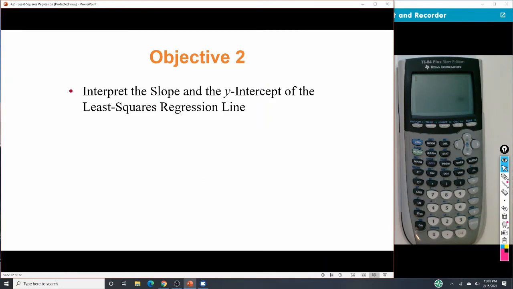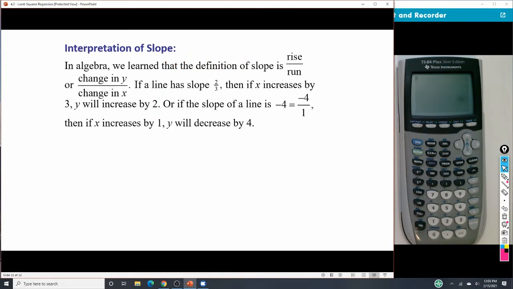Now, looking at the slope, all of those things. In slope, we know that if we go back to algebra, slope is the rise over run, or change in y over change in x. So if we have a negative slope, or negative a value, that means it's decreasing as we go, going downhill.